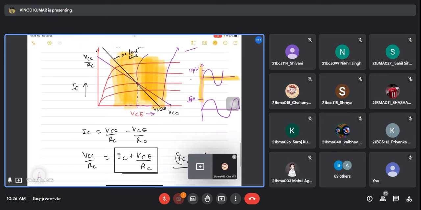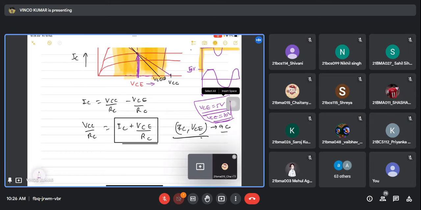That 5 volt means you need at least 5 volts here. So this point, where you want to operate it, means you need a battery of VCC approximately equal to 10 volts. Am I right? So if I want the VCE, that is this one, I need approximately 10 minus 5, 5.